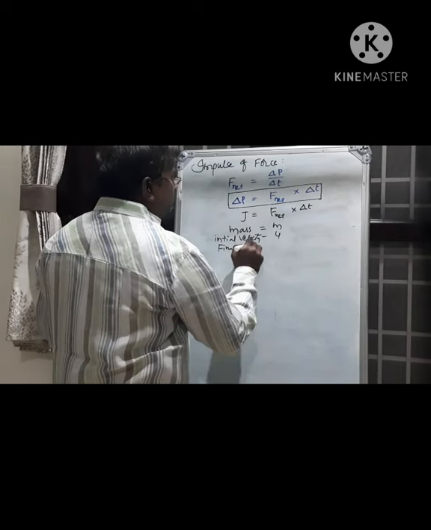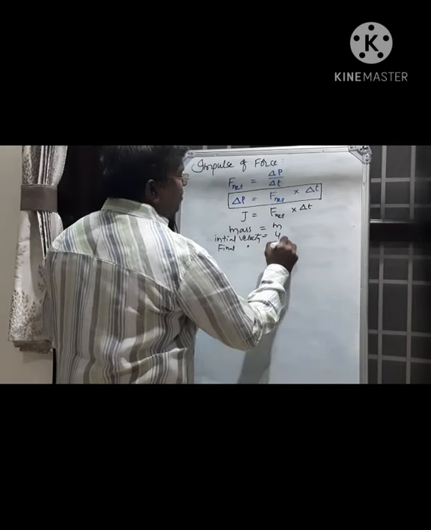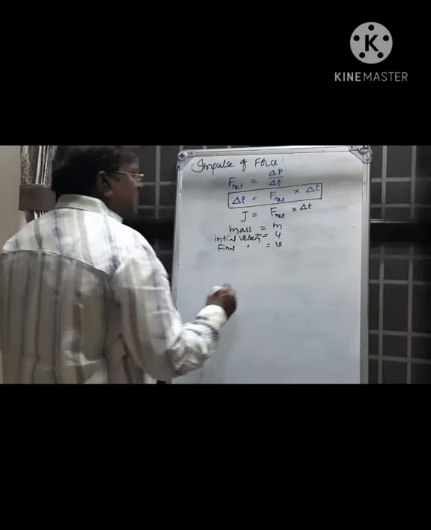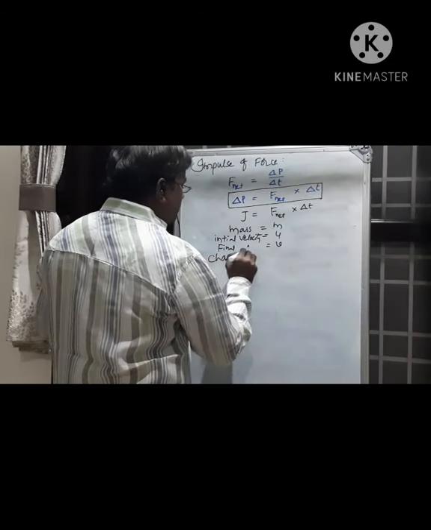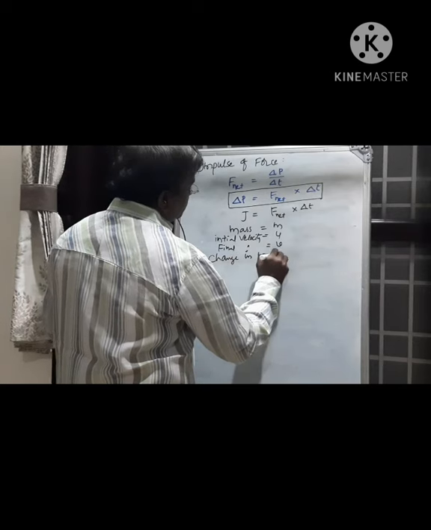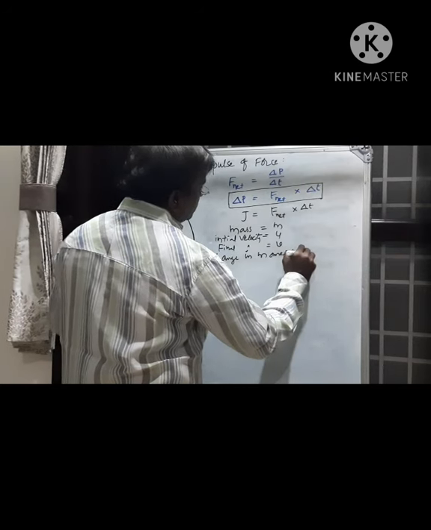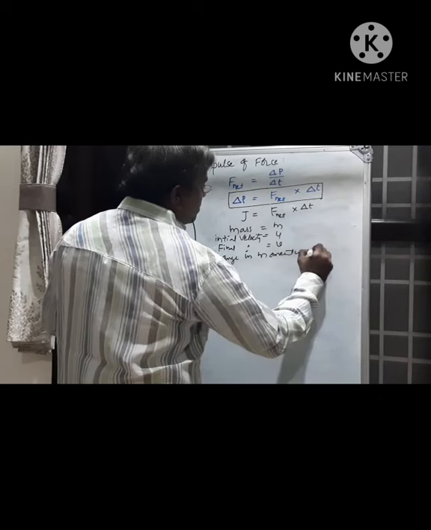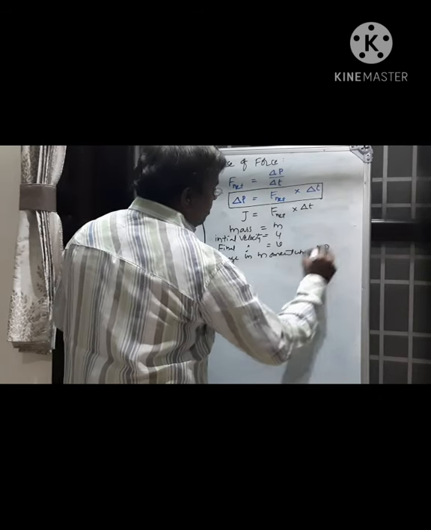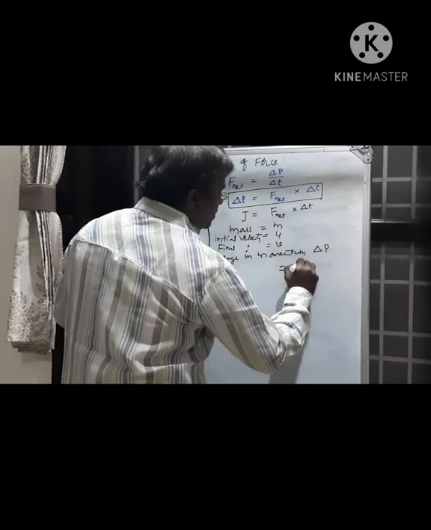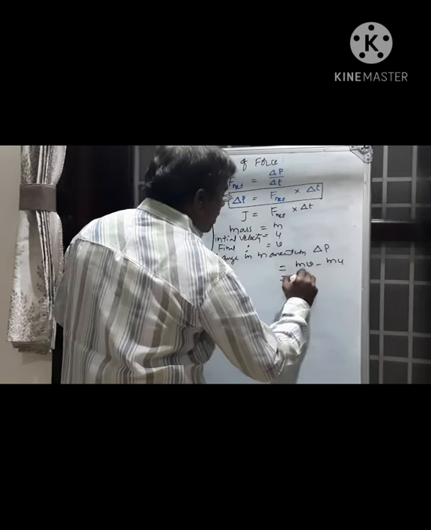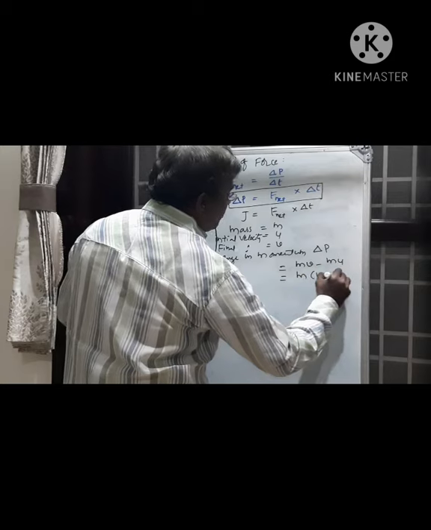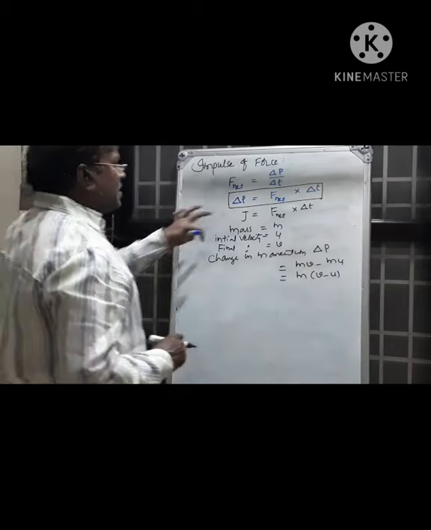Final velocity of the body is equal to v. Then the change in the momentum, denoted by delta P, is equal to mv minus mu, or m into v minus u.